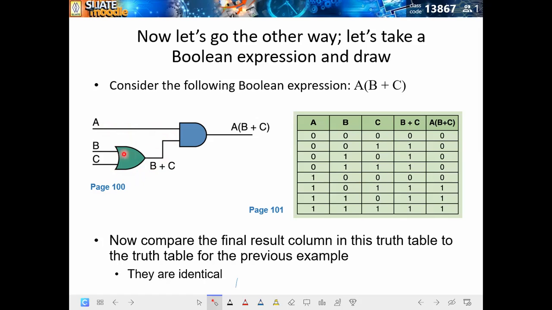Right? So let's say, we put x here, children. Let's consider this input as x.